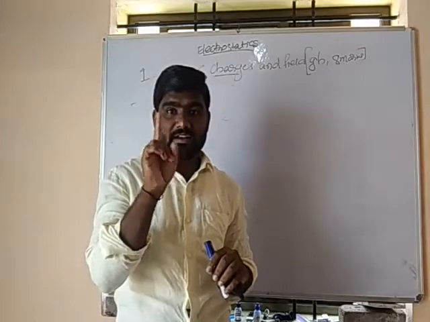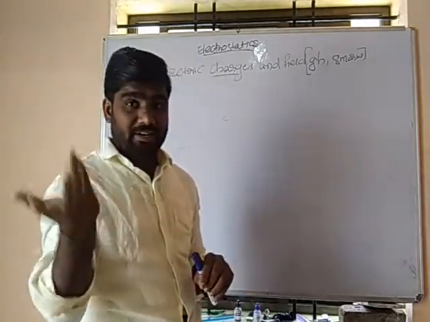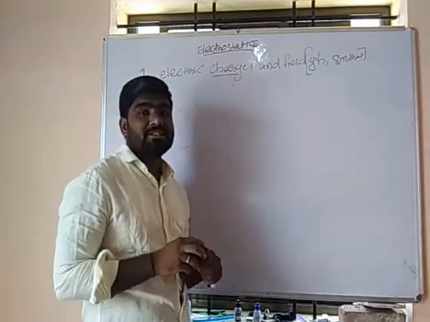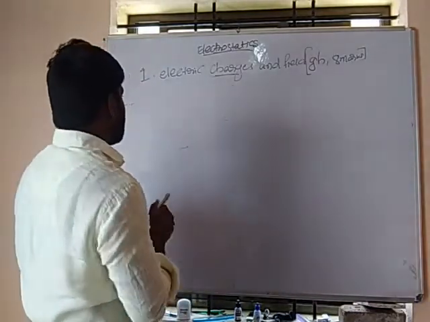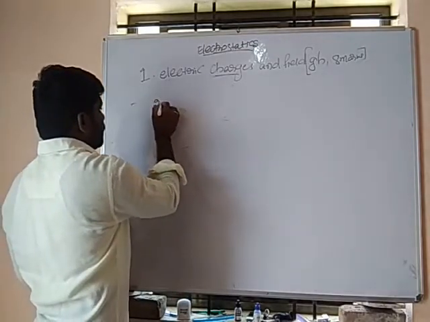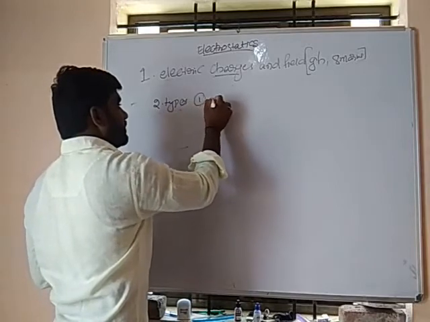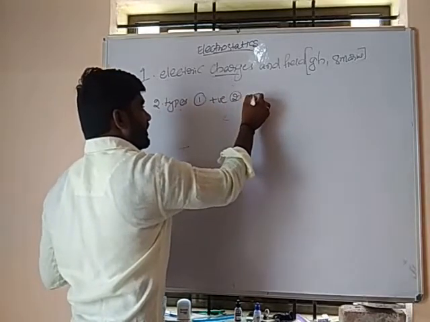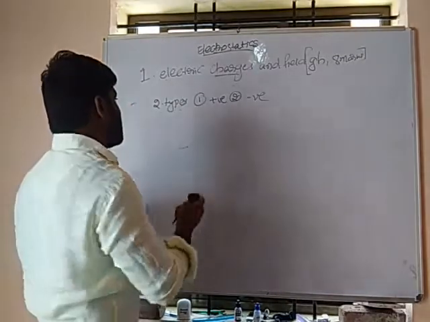If there are two negative charges, there must be repulsion. So from this we can conclude that there are two types of charges: positive and negative.